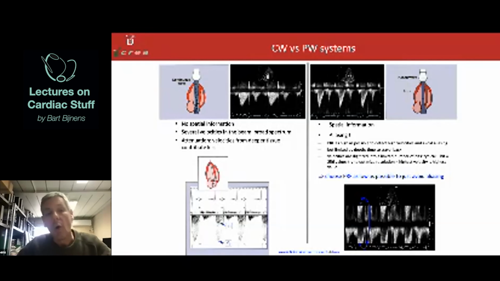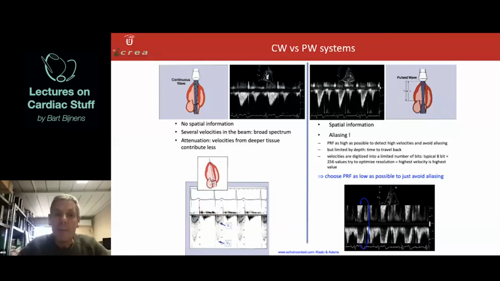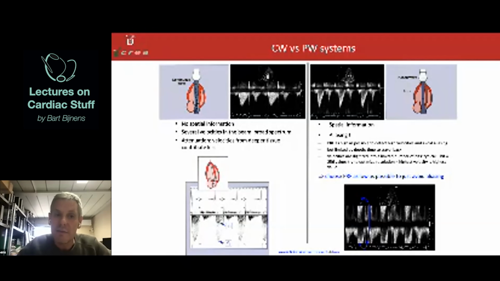Luckily, the way we use this is mainly to look at valves. When we put our scan line in the apical view, for example from the apex towards the aortic valve, we know from anatomy that the highest velocity will be within the valve.